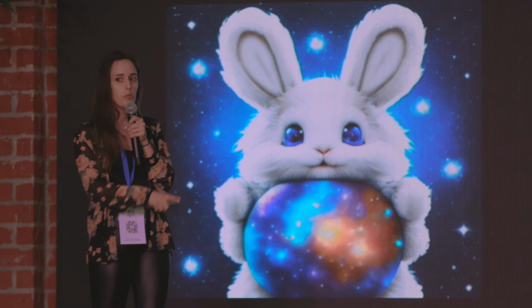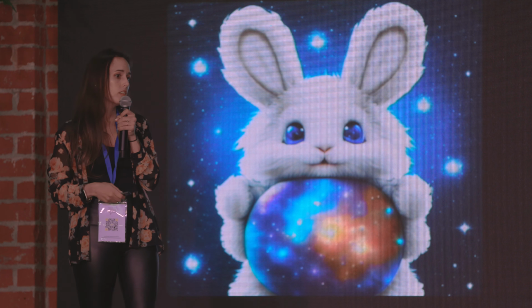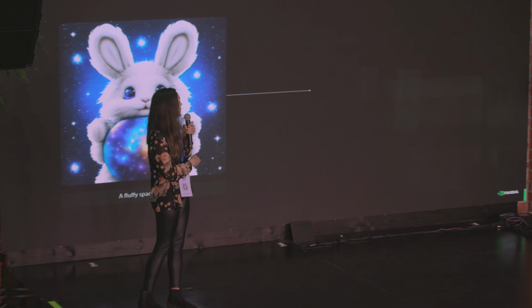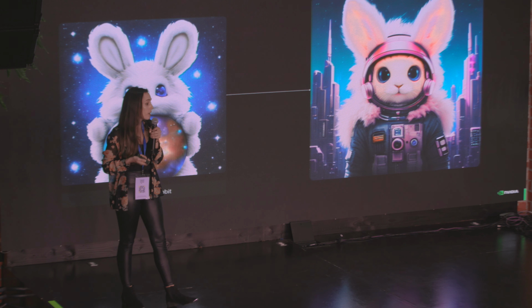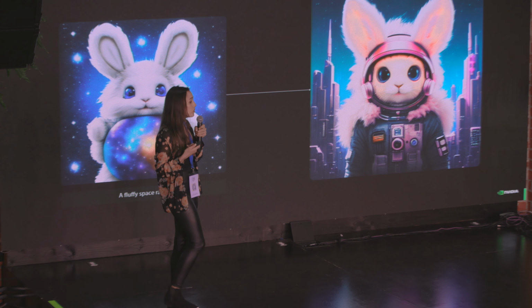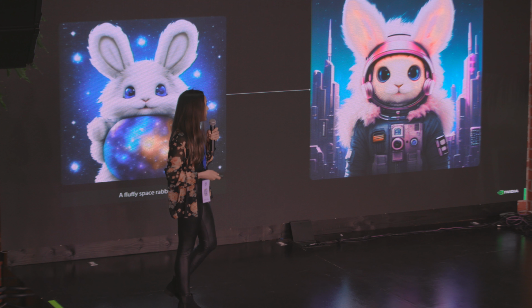And so you could all give me your fluffy space rabbits and I might like 10 of them or I might not like any of them. And then I have to say, go back and make the fluffy space rabbit again, but make it with more parameters. That's where prompt engineering comes in, because you can start to control your designs a lot more by understanding how to communicate what you want in the engine.